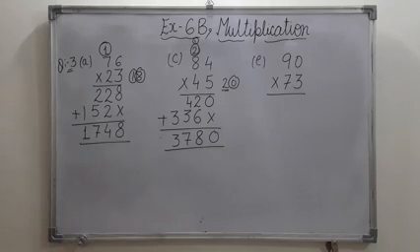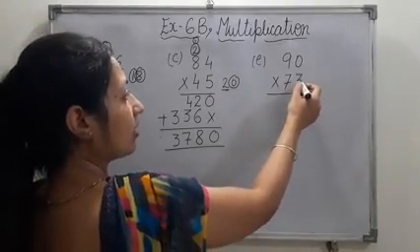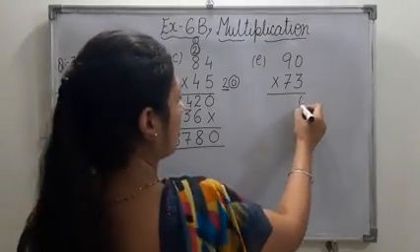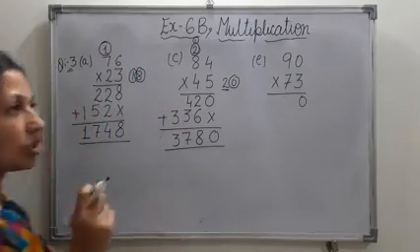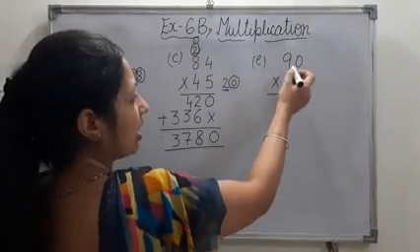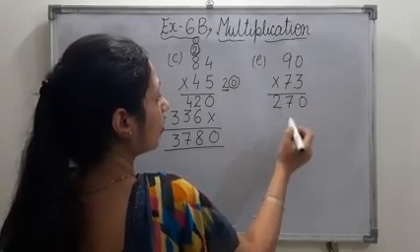It is called product. Next we have to multiply 90 by 73. When we multiply a number with 0, then we will get 0. Okay. And if you multiply any number by 0, or 0 by any number, then you will get 0. Next you have to multiply 9 3s are 27. Okay.